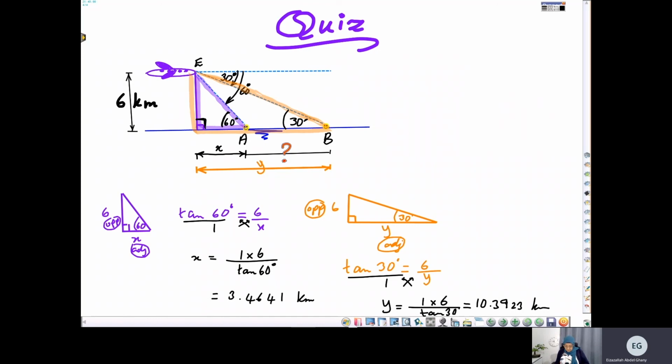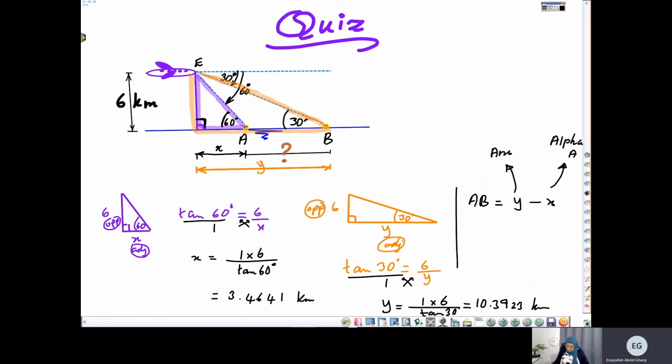Now we stored one in the store A. Now we need to find the distance AB, which is Y minus X. This Y, we click the button answer. This X, we click the button alpha A. Okay, so now it is answer minus alpha A.